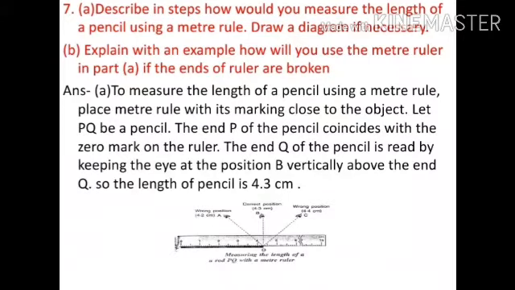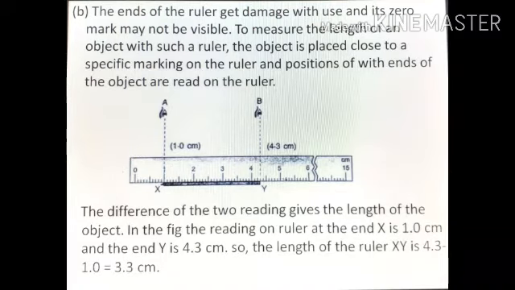Now question number B. In this question also a diagram is given. According to the diagram, the answer is, the ends of the ruler get damaged with use and its zero mark may not be visible. To measure the length of an object with such a ruler, the object is placed close to a specific marking on the ruler and the positions of both ends of the object are read on the ruler.